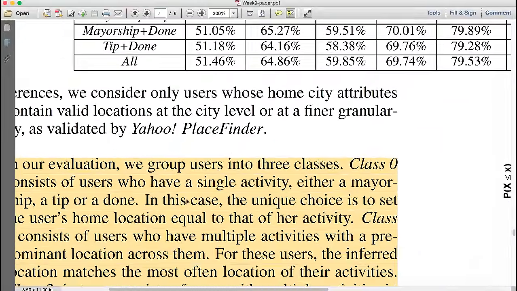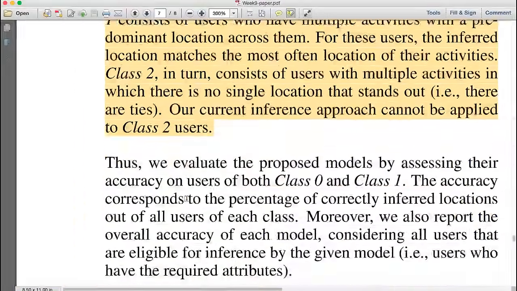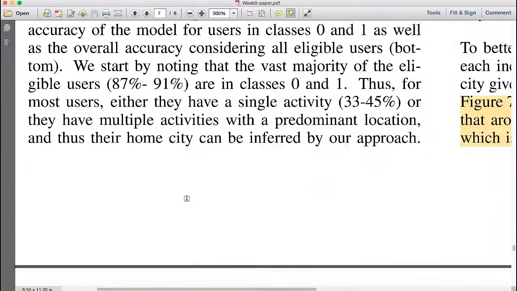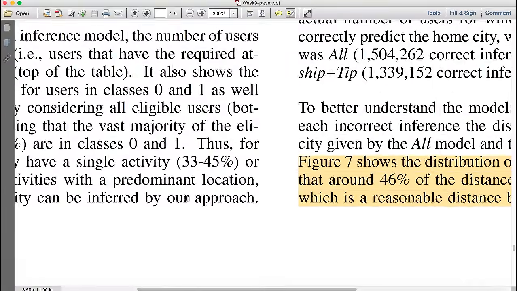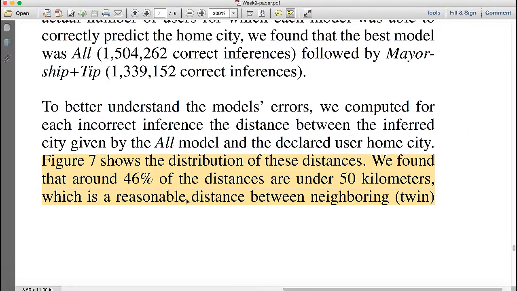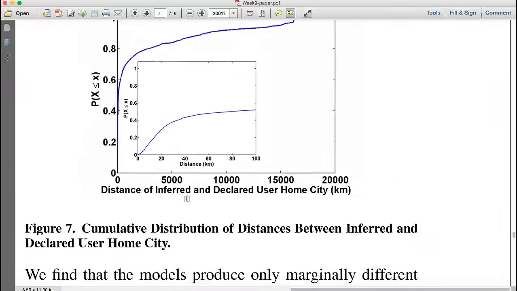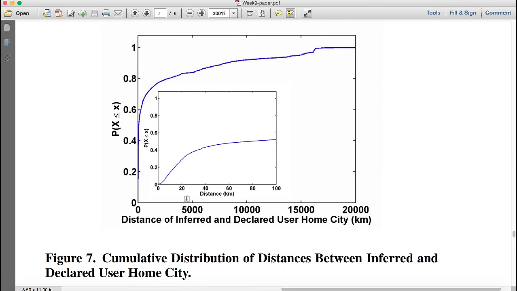That's about the inference of the home location. There's another interesting graph that the authors have, which is figure 7, let me show you the graph and then I'll try to explain it.